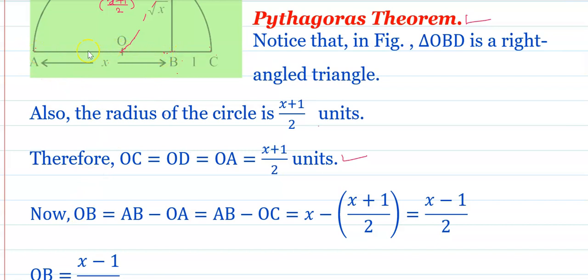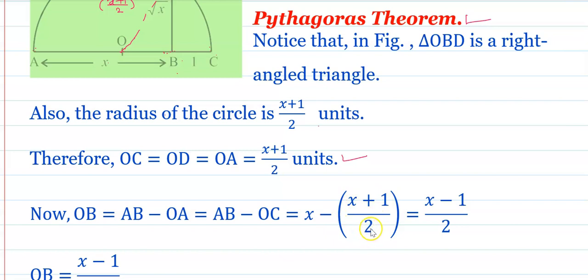But OA is nothing but the OC, and therefore OB is x minus this distance OC, which is x plus 1 upon 2.